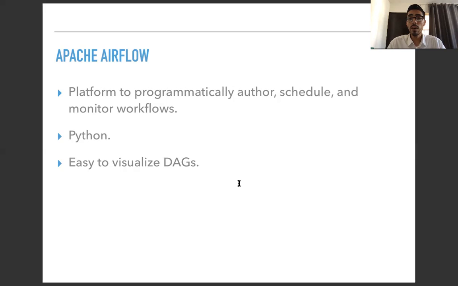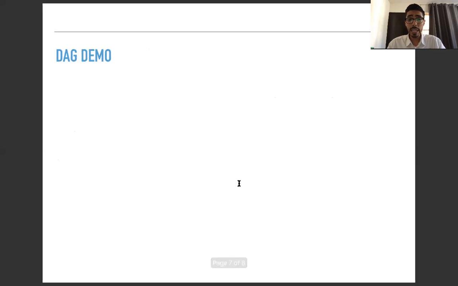So that's a good way to author it and schedule it, and then monitor if we have any failures or any mishandlings of the data. It's an easy way to see where in the process that happens. All right, with that being said, let's move to our first DAG demo.